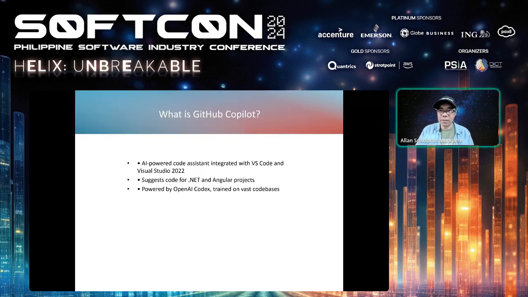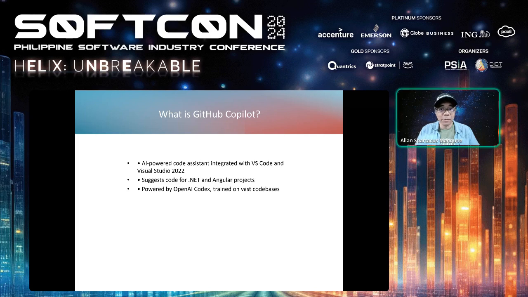Okay, let's begin with GitHub Copilot. So Copilot is an AI-powered tool developed by GitHub in collaboration with OpenAI. It works as an intelligent assistant that integrates directly into your code editor, which supports Visual Studio 2022 and Visual Studio Code.